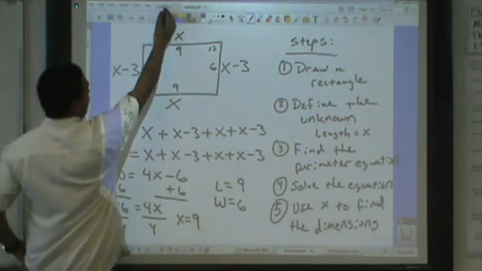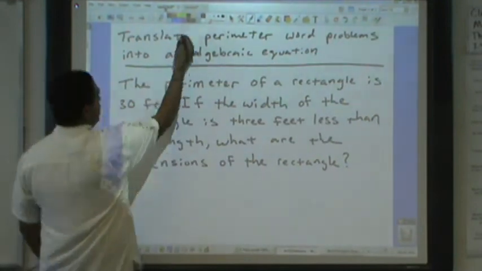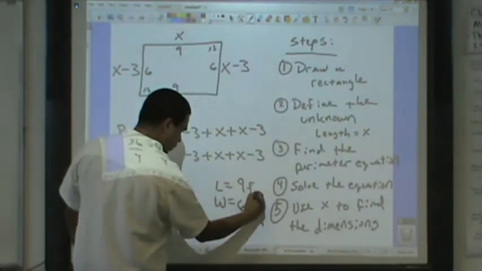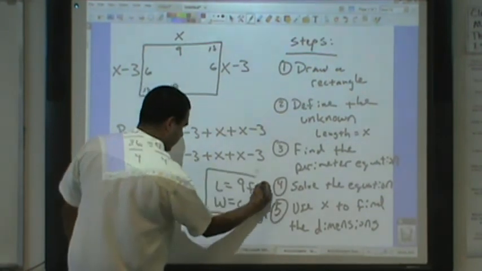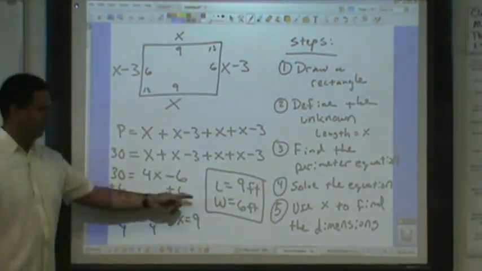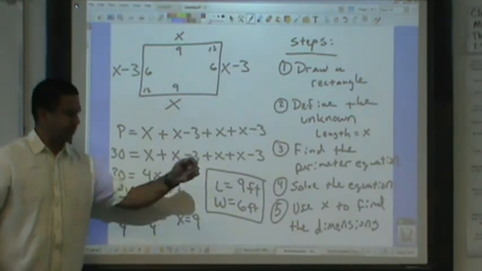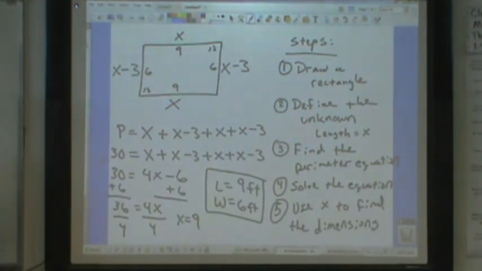It was in feet. So there's your answer. The length was 9 feet, the width was 6 feet. Okay? We're good?